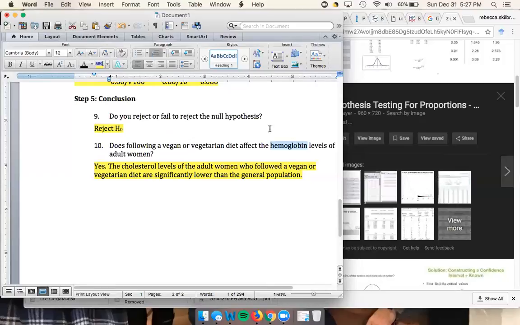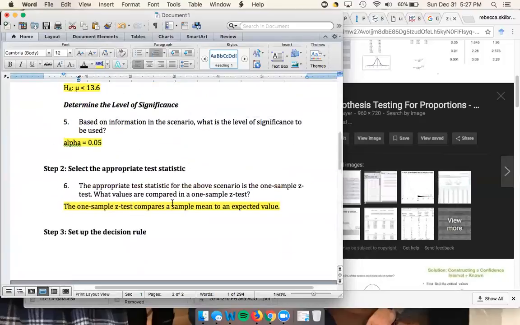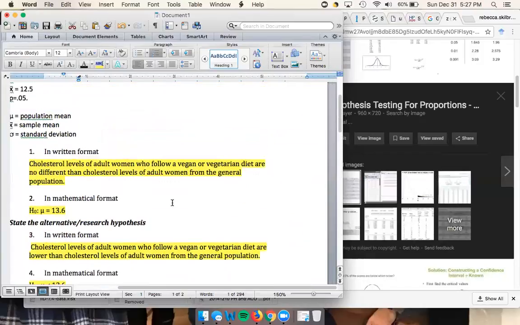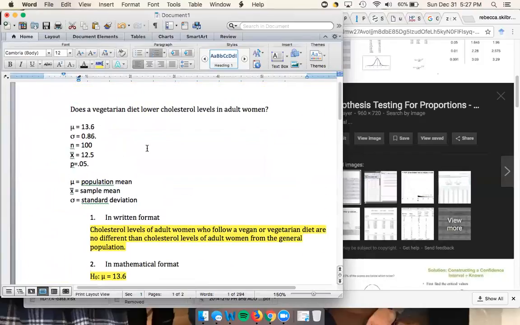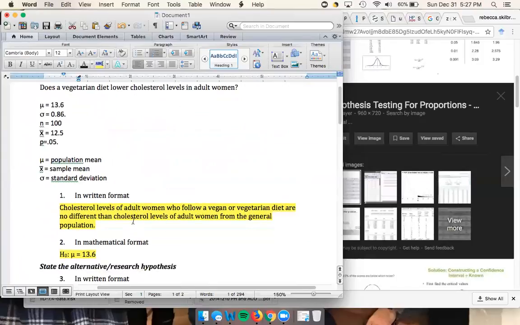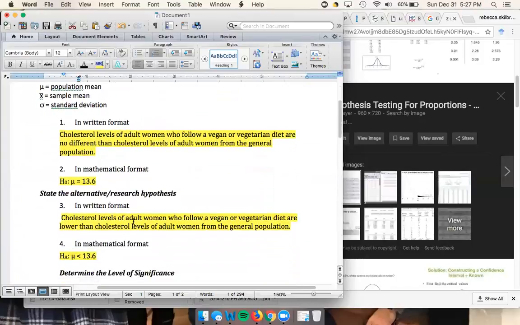For your assignment, you will have different numbers, but these are all similar steps and you will have similar information. Remember, I've had several students ask, these values are given to you in your assignment for you to plug into your equation.